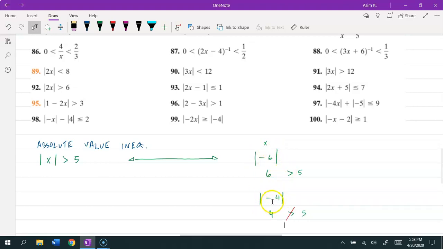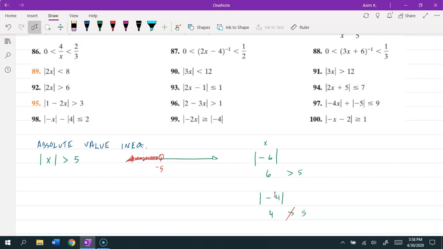You're welcome to pause the video and try that. So on the left-hand side, we say -5, and as long as the number we're picking is less than -5, this works for us.